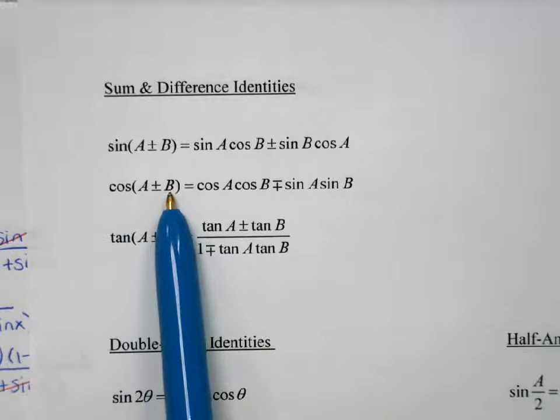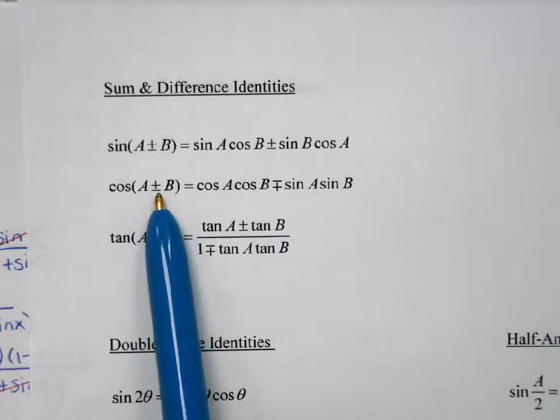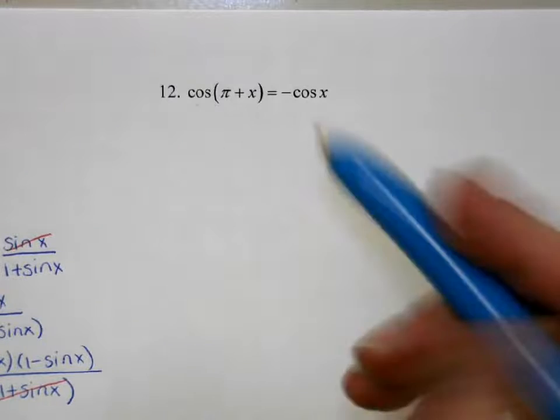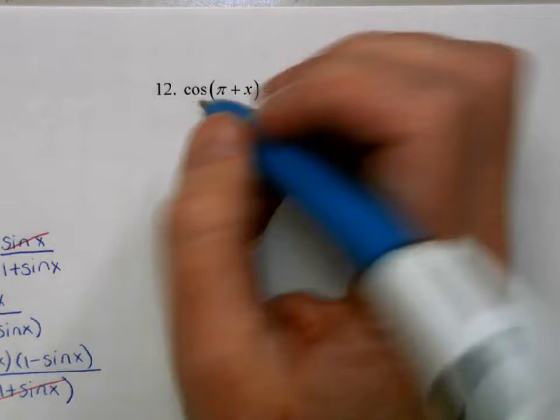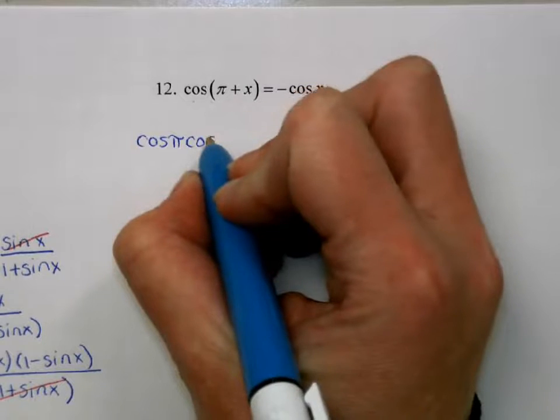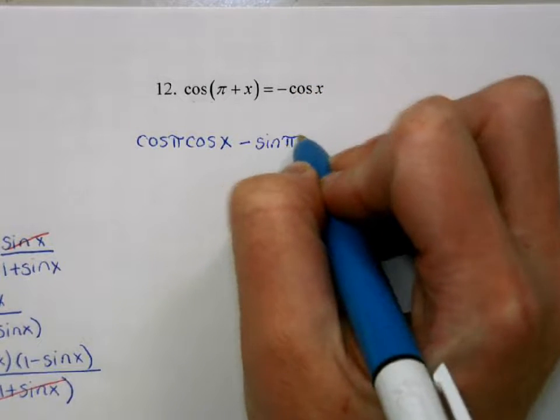On this side of the equation, whatever is here is the opposite. So since we have a plus, it's going to be a minus here. So when I expand this, we get cosine pi cosine x minus sine pi sine x.